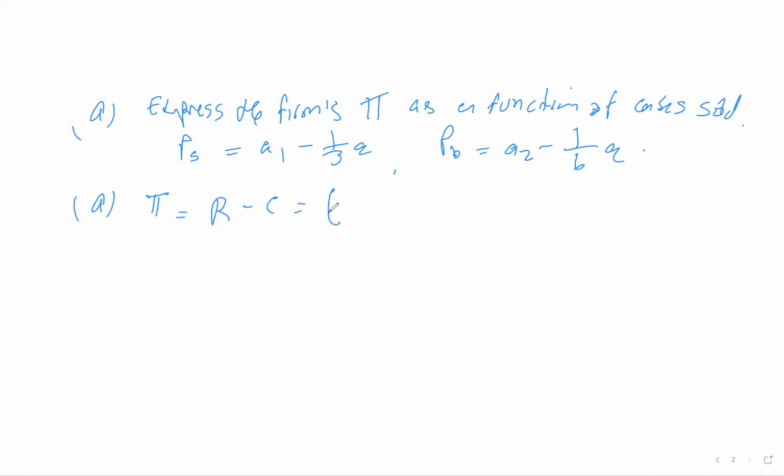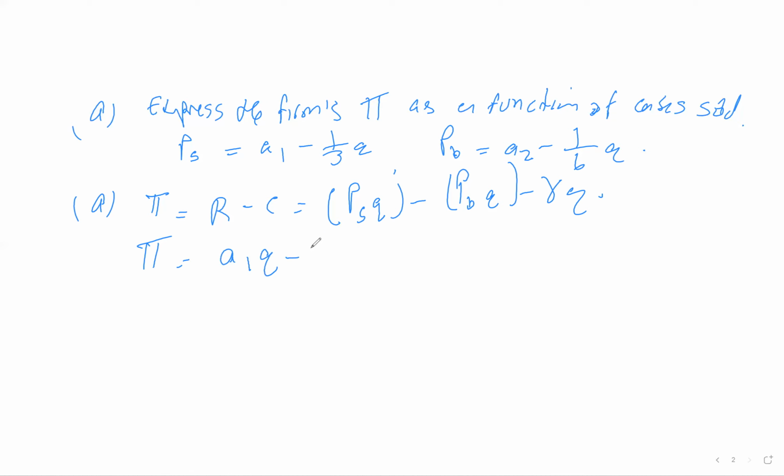The revenue is P_S times Q. And the cost is P_B times Q, plus gamma Q. So let's sub in.